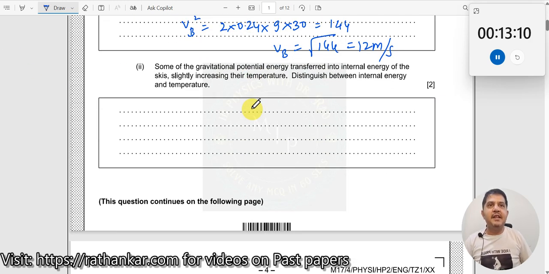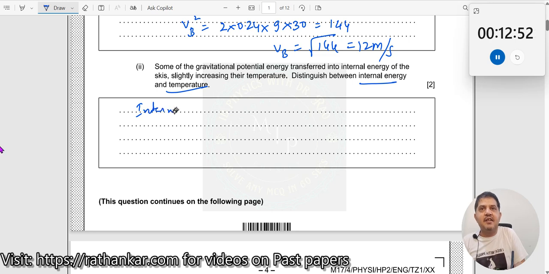Some of the GPE is transferred into the internal energy of the skis, slightly increasing the temperature. When you are skiing through the ice, definitely some amount of it will be transferred to heat. Distinguish between internal energy and temperature. What is internal energy? You have already studied it in earlier classes. In fact, this is a problem related to mechanics plus a little bit of thermal physics.